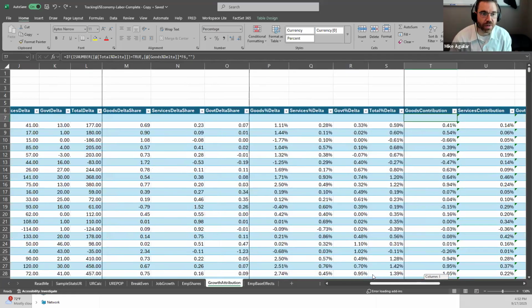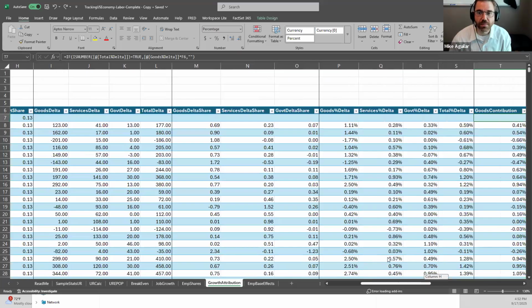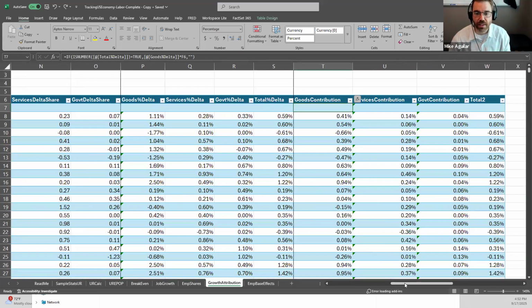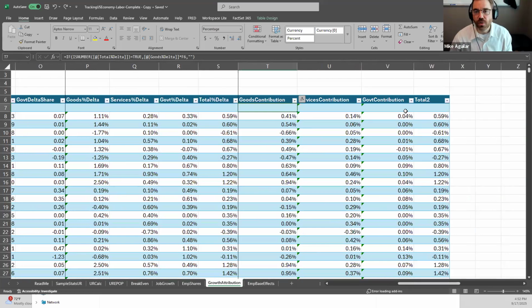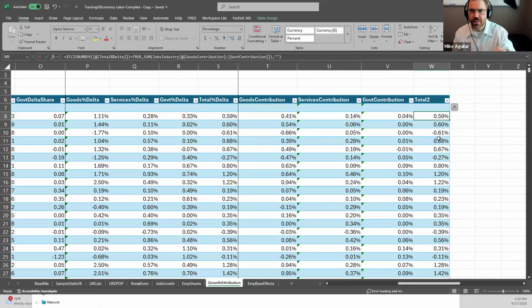Now, how do I know the 0.59 is appropriate? We could do some checks in here. Let's zoom in right there. So we just said adding up all the contributions I calculated is 0.59. So is that right? Did it grow a total of 0.59%?